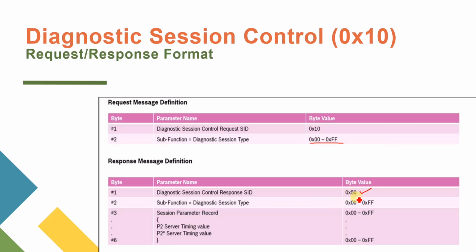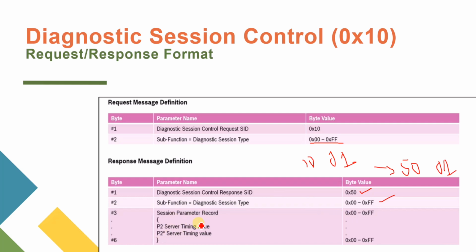Next, the second byte is the supported subfunction, meaning the same subfunction I requested will show here. If I requested 10 01, then in response I will get 50 01. This is the response message.